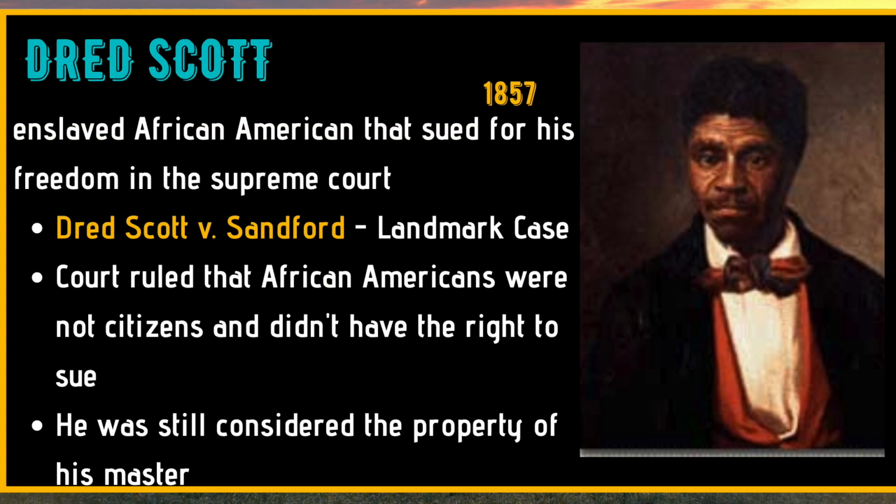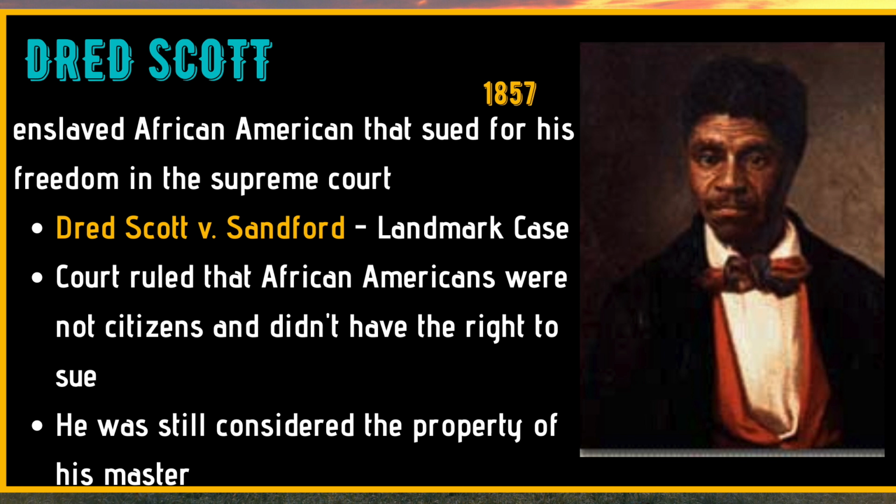Another aspect of this political divide is a Supreme Court case involving an enslaved African American whose name was Dred Scott. Dred Scott decided that he wanted to sue for his freedom, and his case made it all the way to the Supreme Court. In 1857, that Supreme Court case became a landmark case, known as Dred Scott versus Sanford.